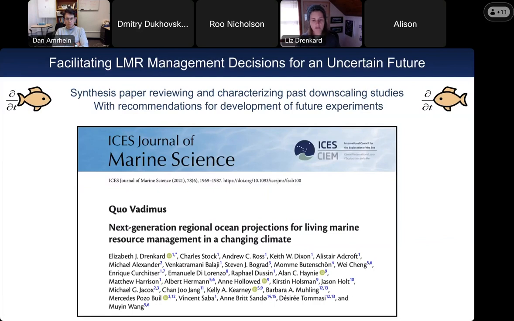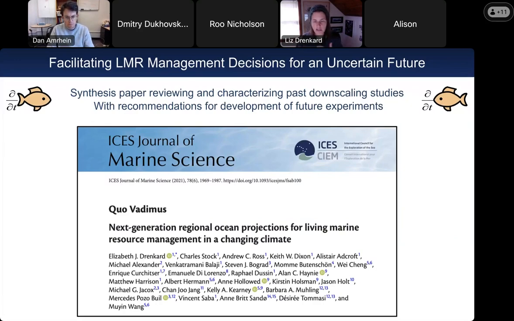We had a paper recently, not so recent anymore, but 2021, where we wrote up some recommendations for designing regionally downscaled simulations, specifically for the application of living marine resource management decisions. It had a huge team involved.